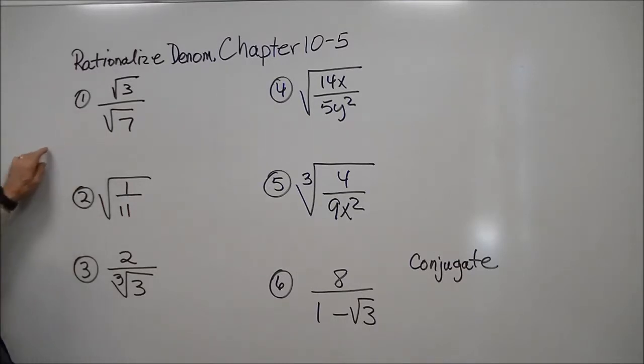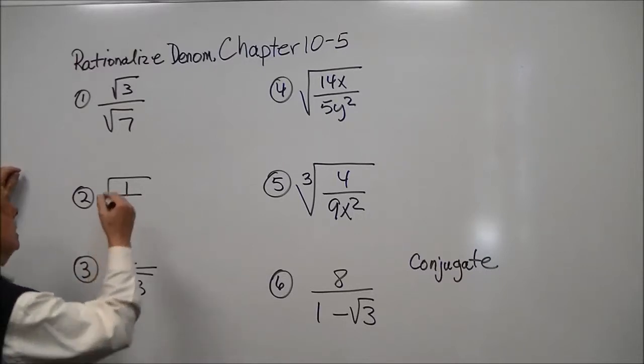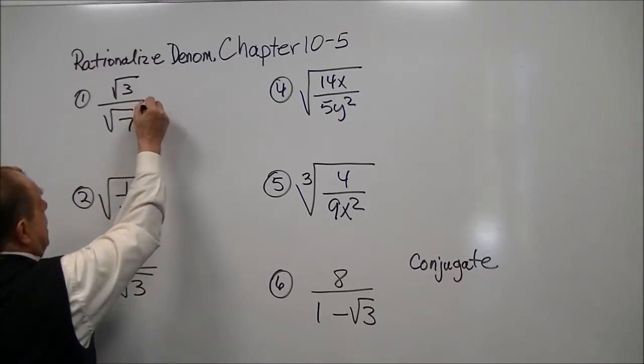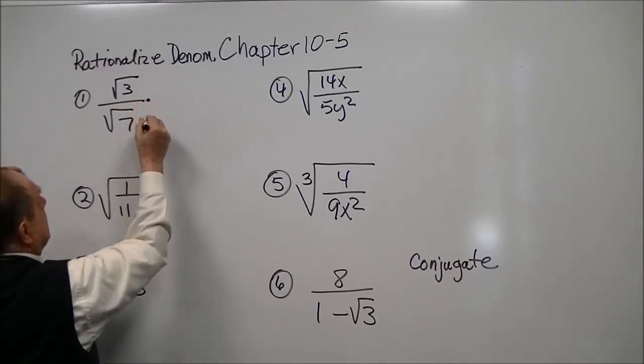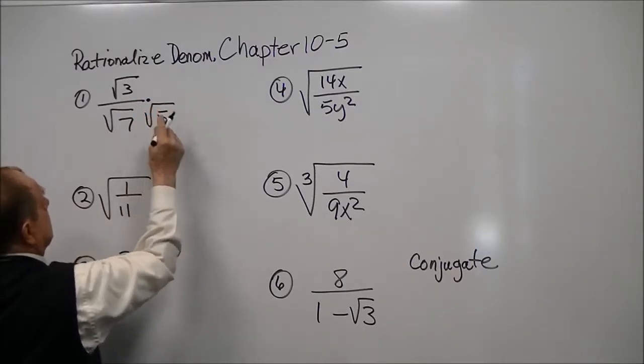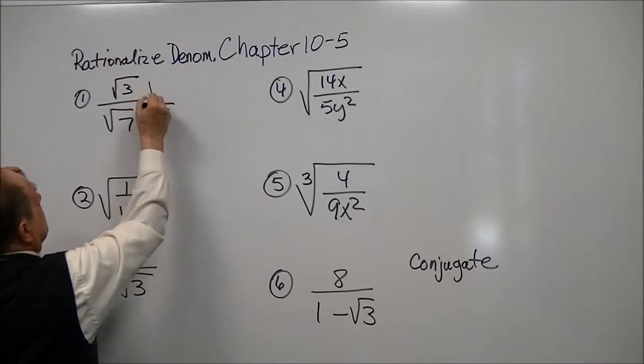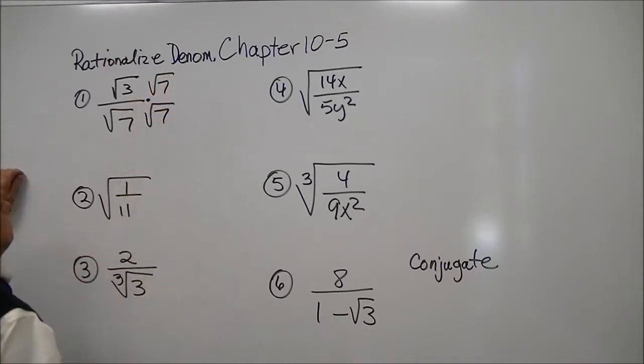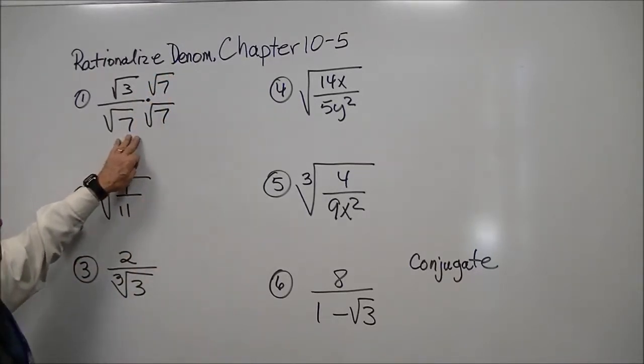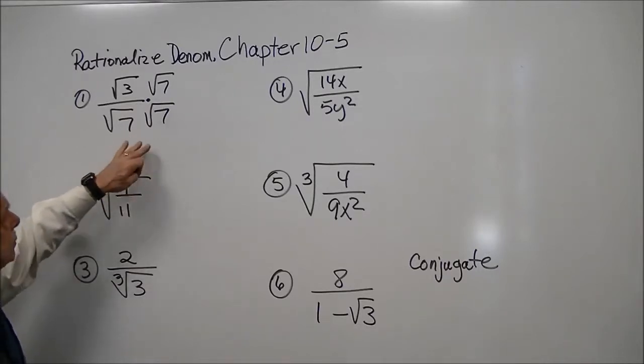Now we're looking to make this one, and again we can multiply anything by 1, but this one will be, our 1 will be in the form of the square root of 7 over the square root of 7. Now you might wonder, what do I multiply?